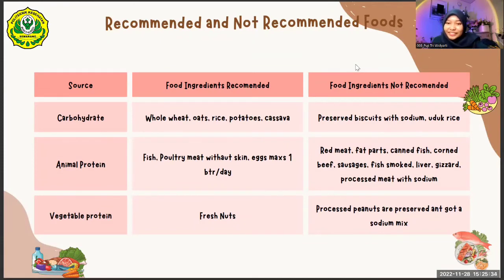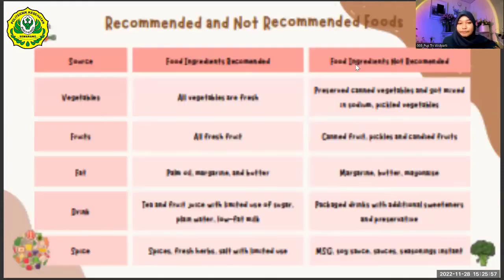And then not recommended is red meat, fat parts, canned fish, corned beef, sauces, smoked fish, liver, gizzard, and processed meat with sodium. And then the third is vegetable protein. This is recommended with fresh nuts, and not recommended is processed peanuts or preserved and added sodium mix.